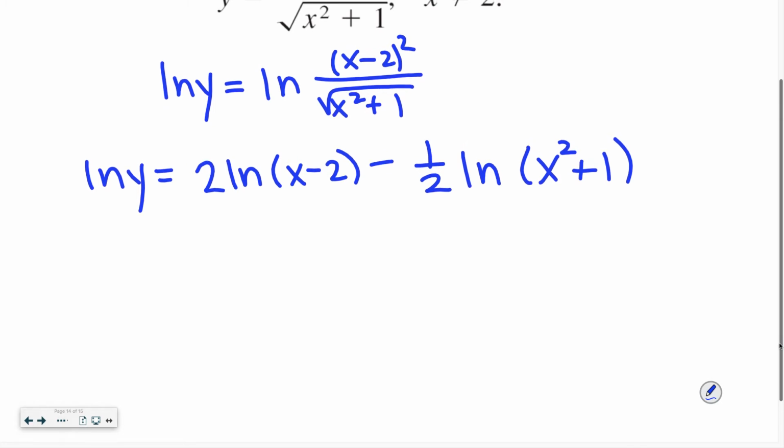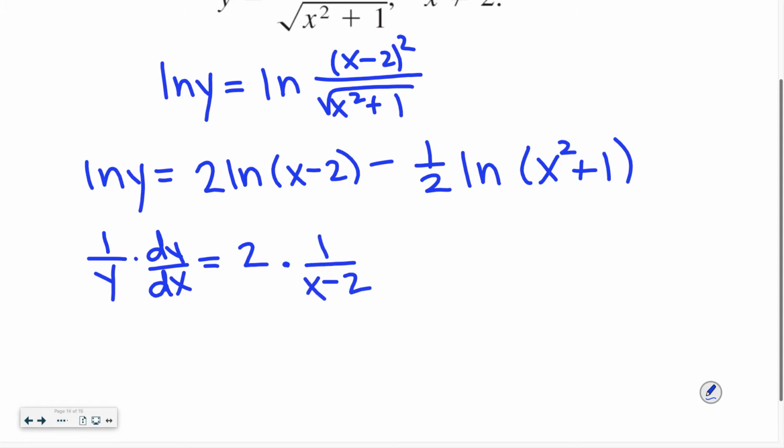The natural log of y, its derivative would be 1 over y dy dx. Derivative of y with respect to x. We always got to remember that chain rule. Then we have 2 times the derivative of the natural log of x minus 2.